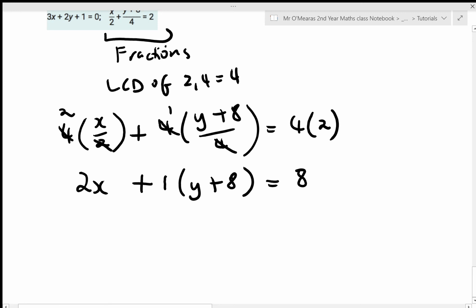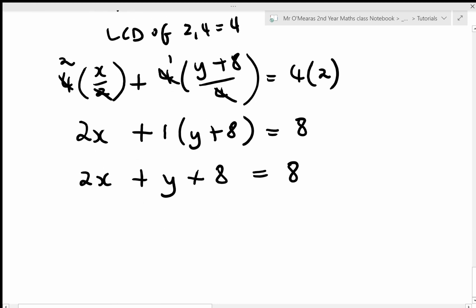But for example, if that plus was a minus, then that minus 1 would be very significant because it would multiply into y and 8 and change both signs. So for now, plus 1 by y is plus y, plus 1 by 8 is plus 8, equals 8.